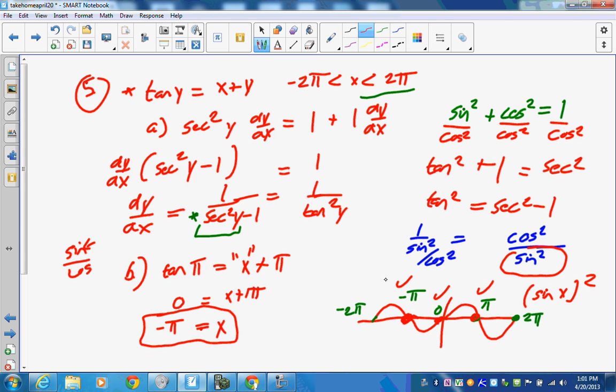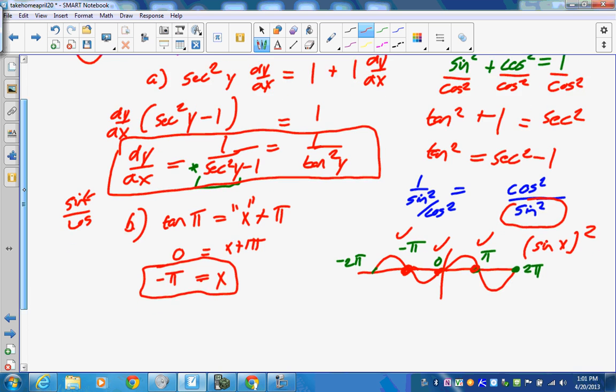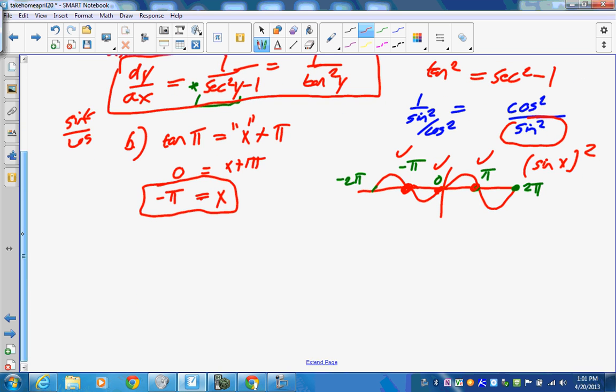All right. And on part C, they want you to find the second derivative. And recall that this is what we found first. Another way of thinking about this is the first derivative equal to 1 over tangent squared.